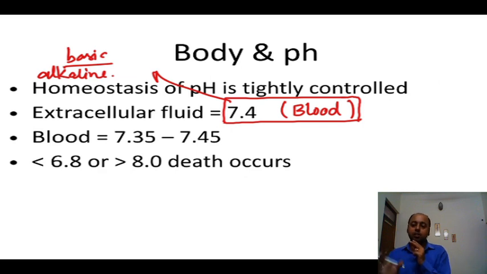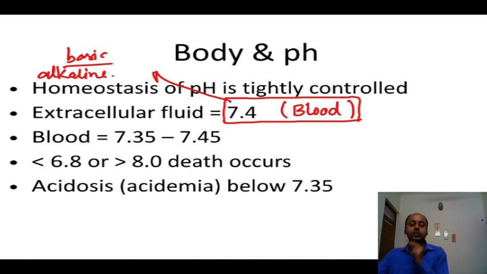If there is gross fluctuation in the pH, the body cannot tolerate it. And what is the limit of this fluctuation? If the pH falls below 6.8, or if it becomes more than 8, there is no possibility of survival for a human body and death will occur. All right, gross derangement starts occurring even when you shift maybe 0.1 or 0.2 or 0.3 units from the physiological pH, but at these values definitely death will occur.